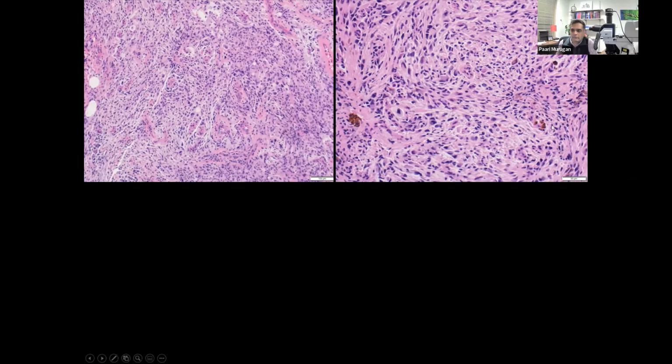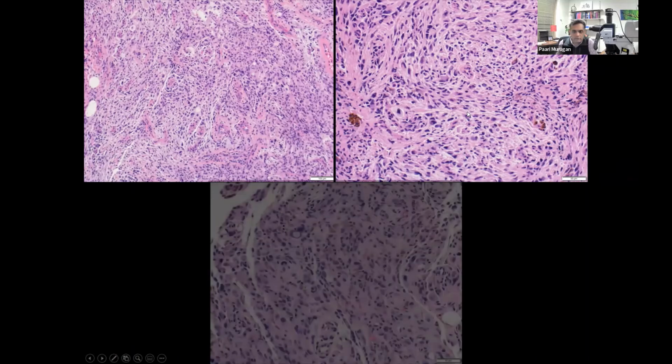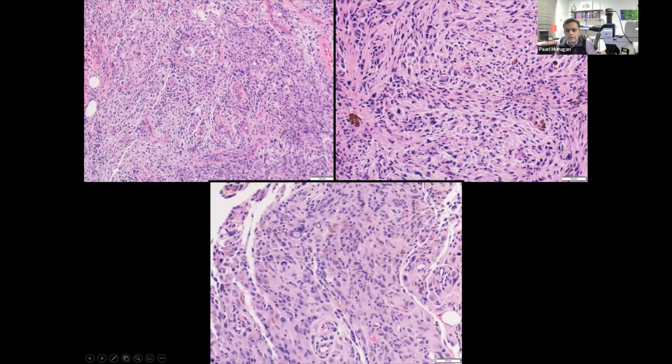And we also noticed the hemosiderin pigment that we saw in the previous case. And then more areas actually show an enhanced view, much more concerning. And we see these intranuclear inclusions, hemosiderin pigment, but the pleomorphism is much more concerning over here. But notice that there are no mitotic figures.